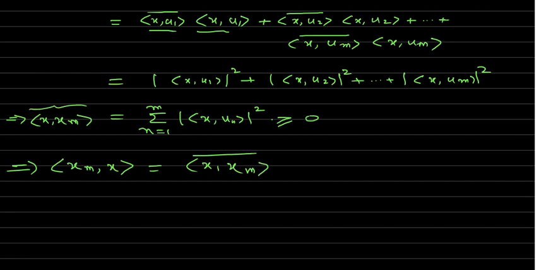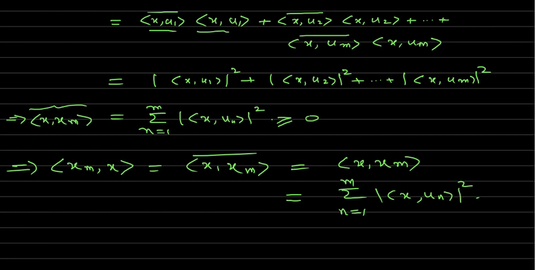The inner product is a real number, so its conjugate is the same, and that's equal to the summation, n runs from 1 to m, of mod x with un whole square.